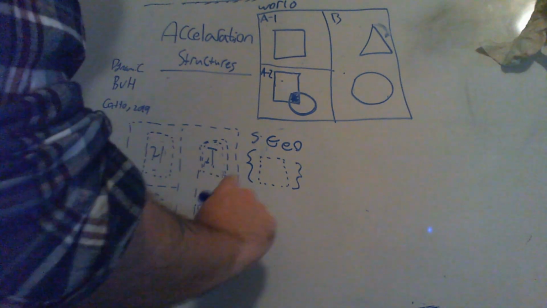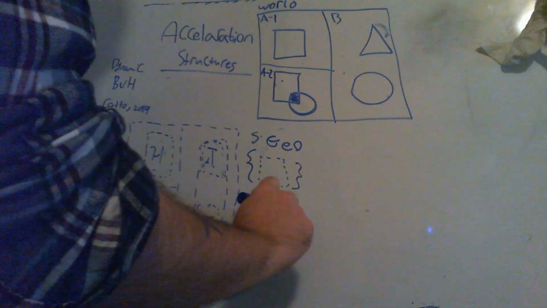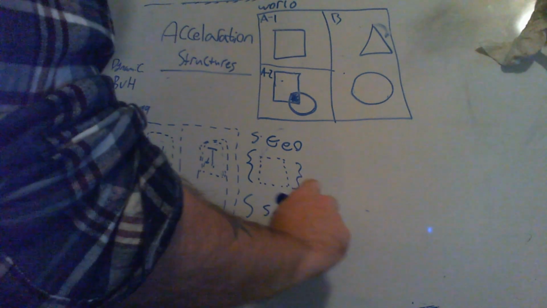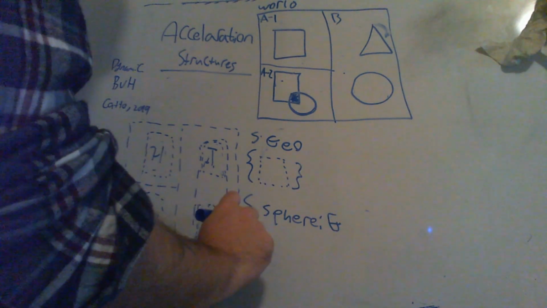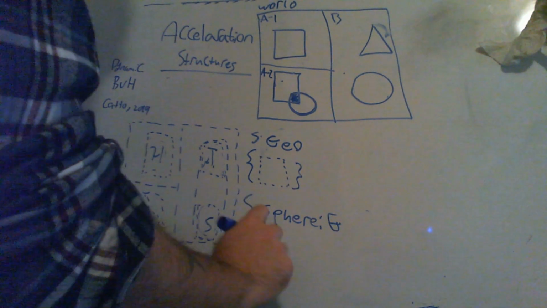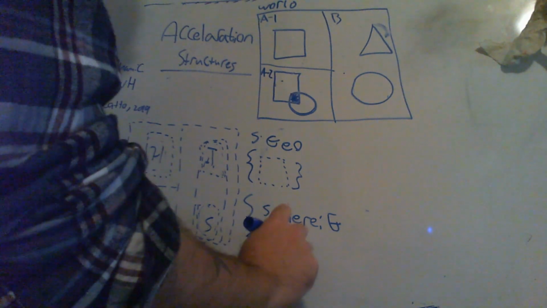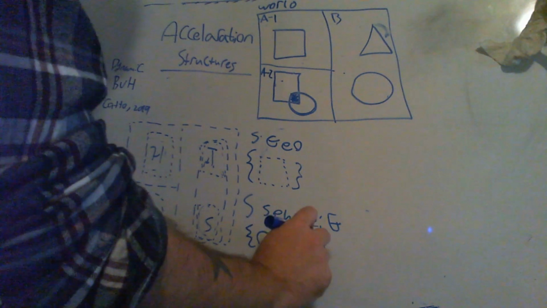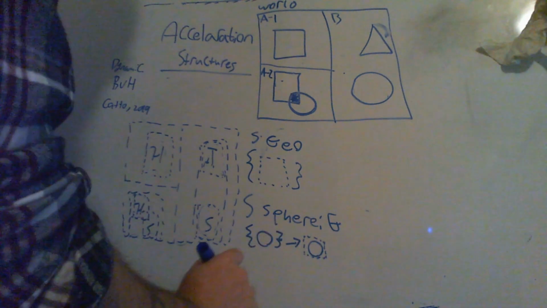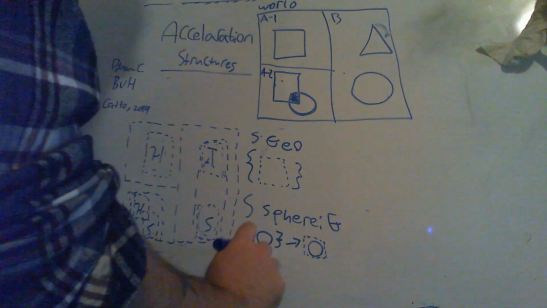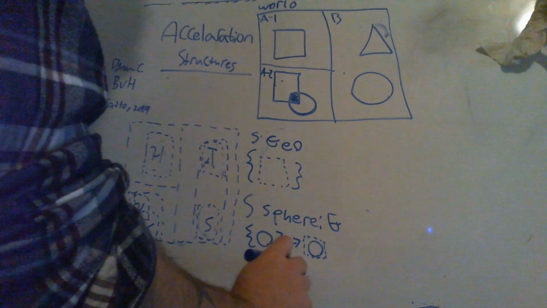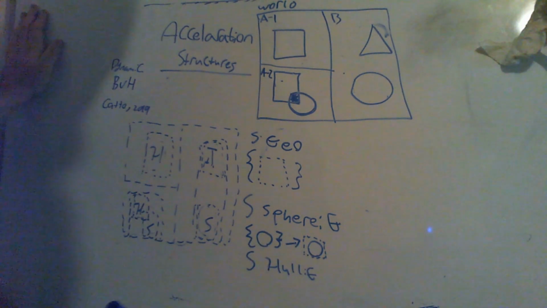And then we can simply say we have a structure sphere, which takes from geometry, and again, I'll just shorthand it, and we say that it's like that. So that gives us this picture. And then we can have another struct hull, which also takes from geometry.